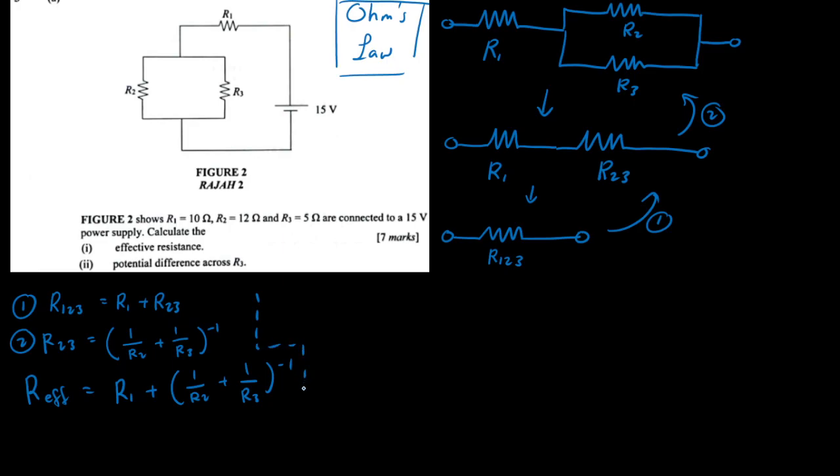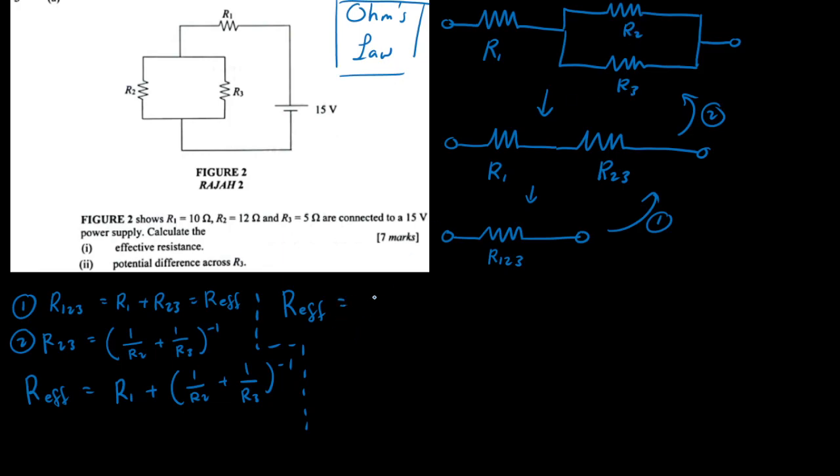Okay, so that is how you can work out the equation for effective resistance. Okay, so now we want to solve for R effective. Let me just write down here again, just to remind you that the effective resistance is simply the R123. The R123 is just when you combine R1 and R23. R23 is when you combine R2 and R3.